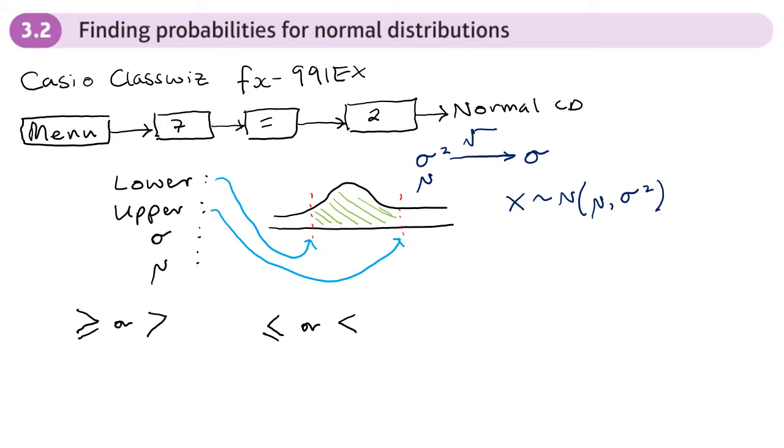You'll need to move things around a bit and make a little bit of a correction, because you're dealing with discrete numbers. Here it's continuous. So whichever one of those symbols you see, you do the same thing. Yeah, so it's slightly different.